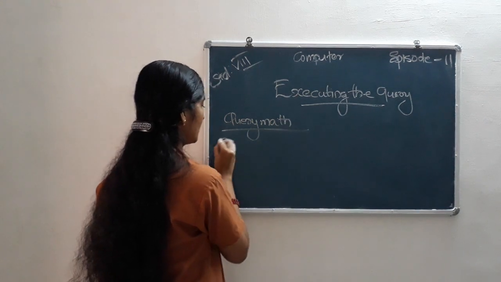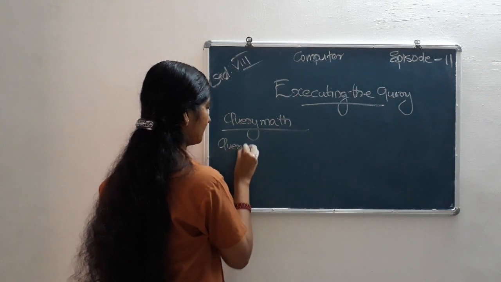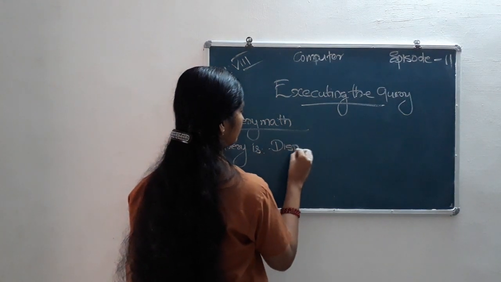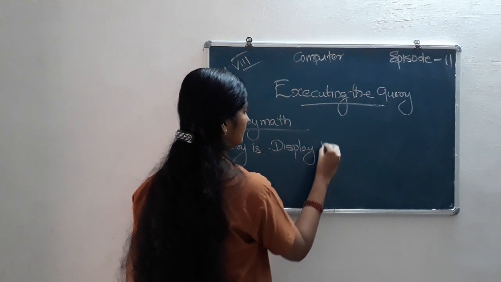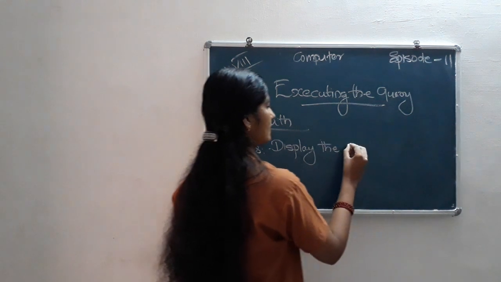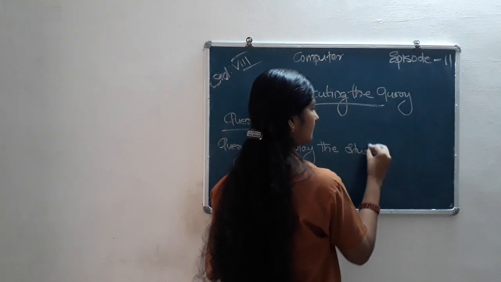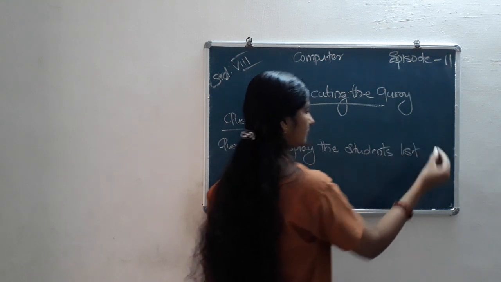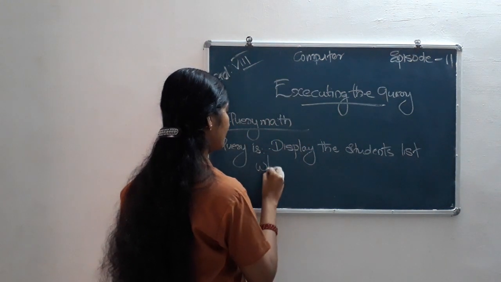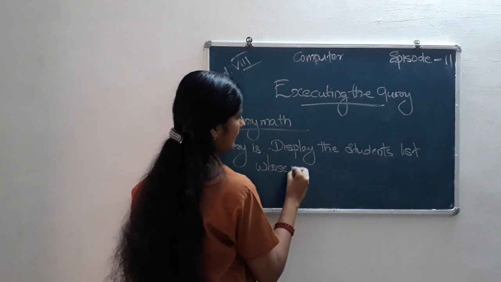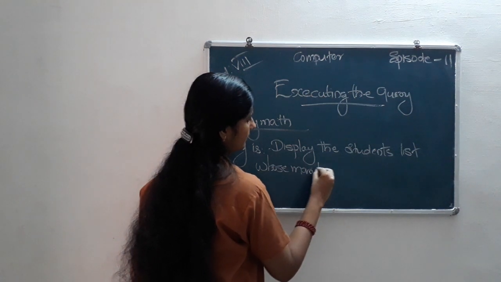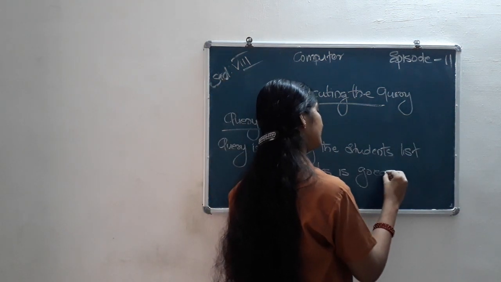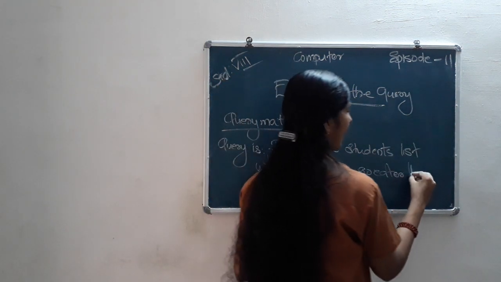Query math. The query is: display the students list whose mark is greater than 80.